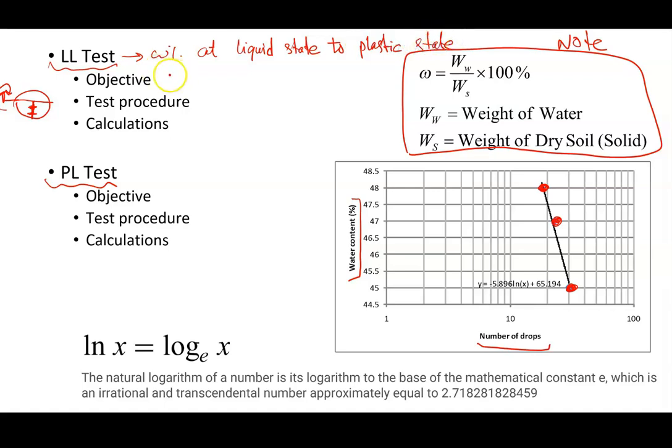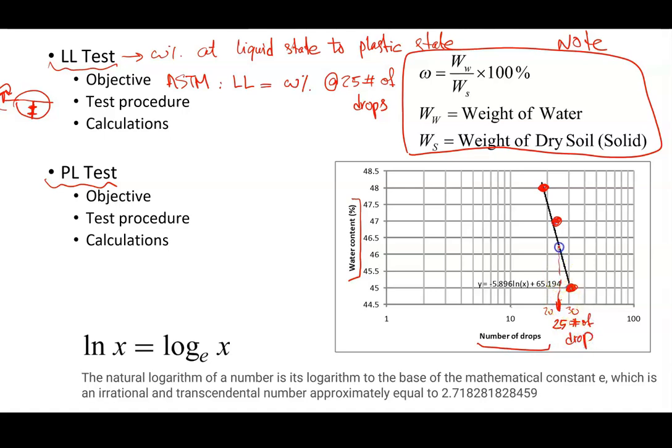How do we measure that? Based on ASTM, liquid limit is water content at 25 number of drops. So you can make this curve 10, 20, this is 30, so this is 25 number of drops.